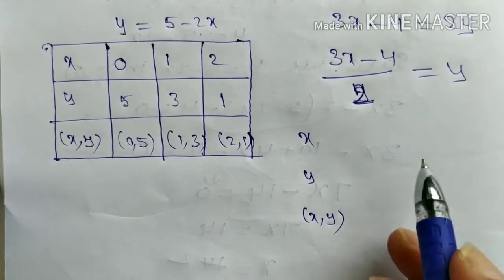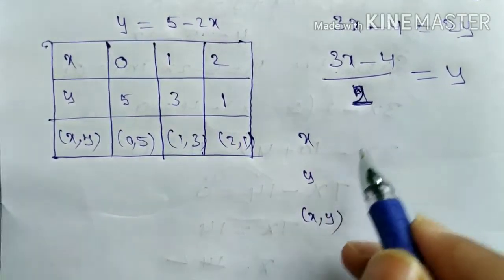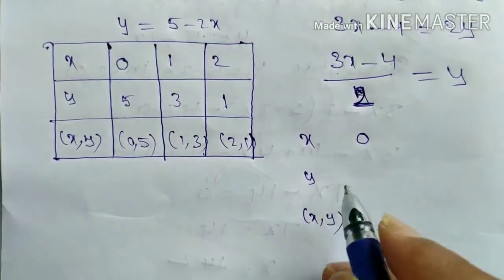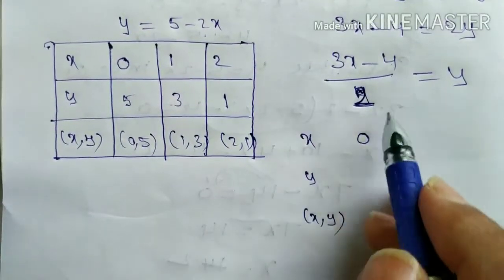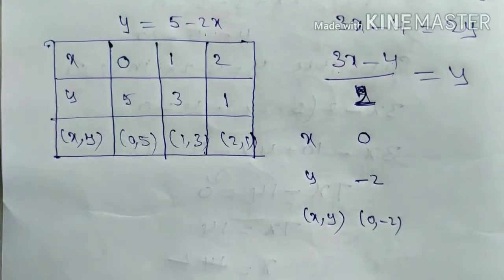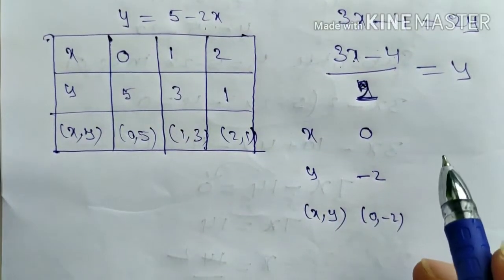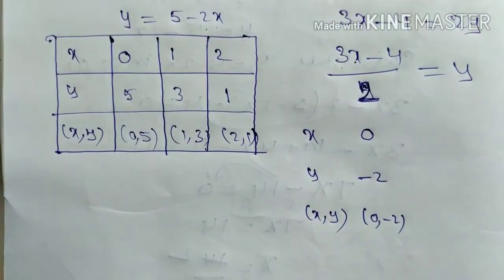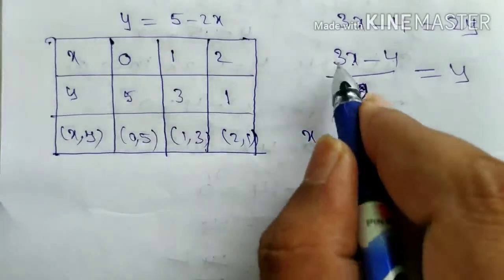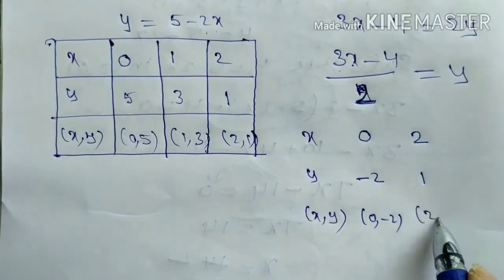You can find x comma y now. For the x value, you take it, simplify, and it should be divisible by 2, so check it. Suppose here we write 0 for x: 3 into 0 is 0, minus 4 by 2 means minus 2. So 0 comma minus 2. Suppose you take 1, minus 1 by 2; don't take fractions, better to take only integers. So take 2: 3 twos are 6, 6 minus 4 is 2, 2 by 2 is 1, so 2 comma 1.